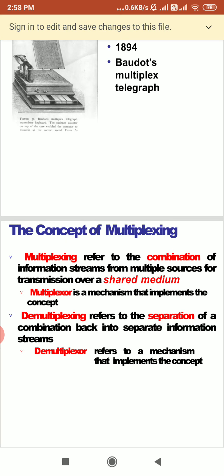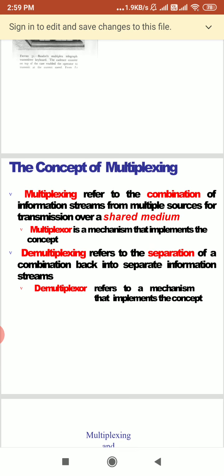It means we use multiplexing at the transmitter, so we select one out of multiple, and again we separate and reconstruct our original signal by using the demultiplexer at the receiver side. Demultiplexing is the process in which we separate a combination back into our separate information signals.